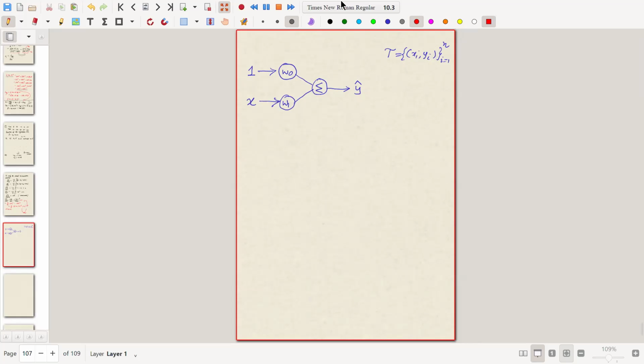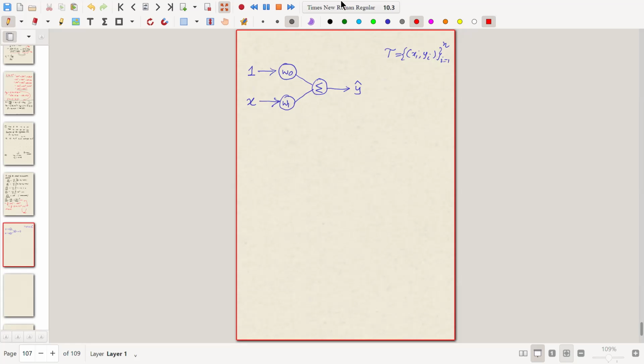So you have two inputs, one is x. You already know x, is it correct? W0, W1, then you are feeding them here. How is it? One will be multiplied with W0, and x multiplied with W1.